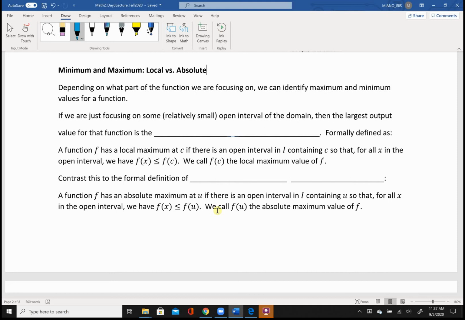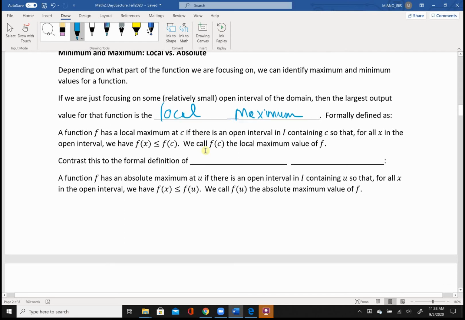If we're focusing on a relatively small open interval of the domain, then the value will be called a local maximum. That's the first two blanks you want to fill in. As long as you have a largest output with relatively smaller outputs in the local vicinity.